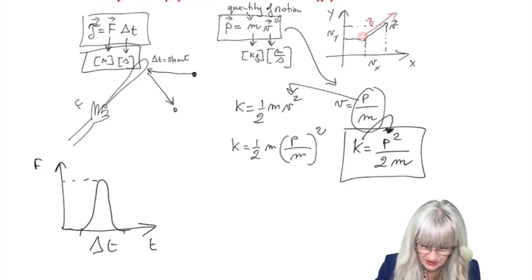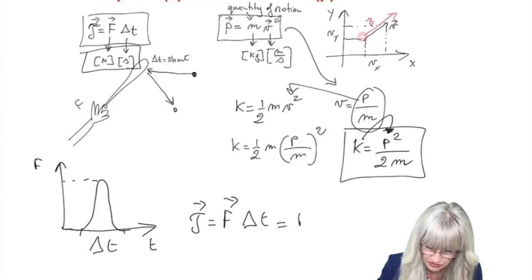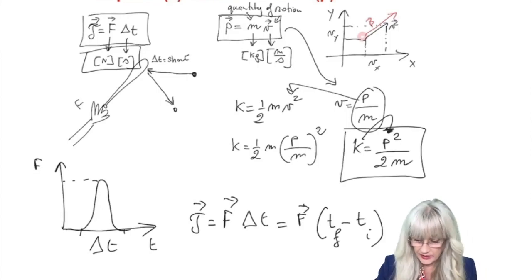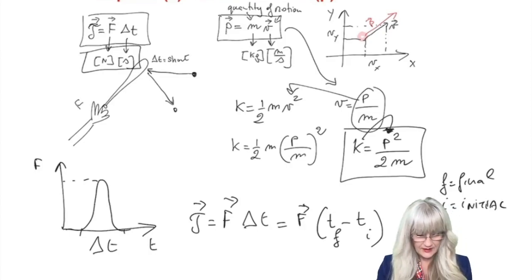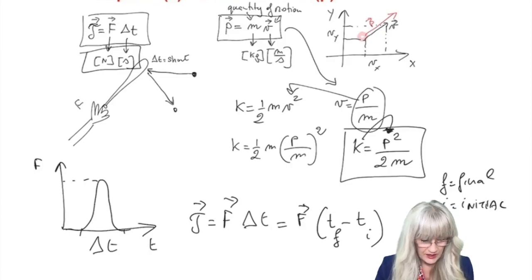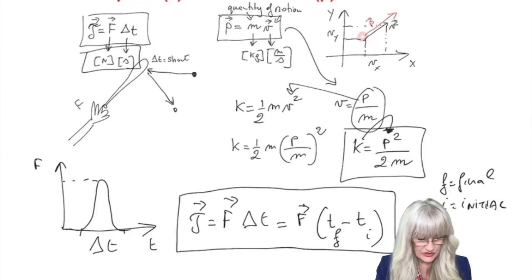As you can see, impulse depends on your force and this interval of time. I'm going to spell it out, so it's a force, and this will be time final minus initial, where f stands for final and i for initial. So as you can see, it's a very handy equation which we can use many, many times.